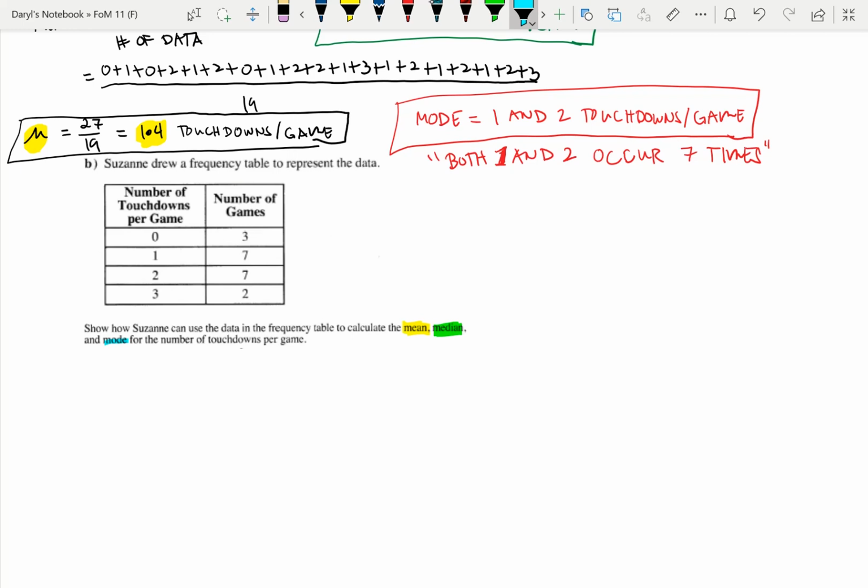Okay, so how would we do that? Well, let's start with the calculation for the mean using the frequency table.